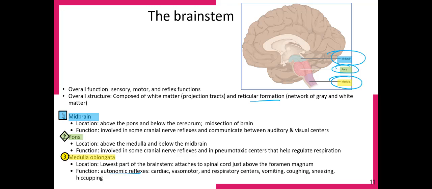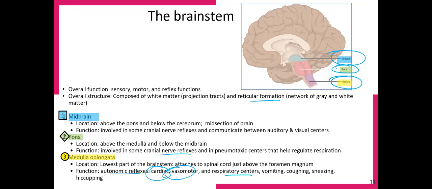So we're going to cover autonomic reflexes when we talk about the cardiovascular system, the respiratory system, and the digestive system. Right? So the medulla oblongata is involved in those reflexes. The pons, which is above the medulla, below the midbrain, is involved in some cranial nerve reflexes and in pneumotaxic centers.